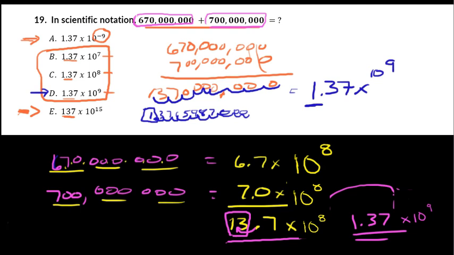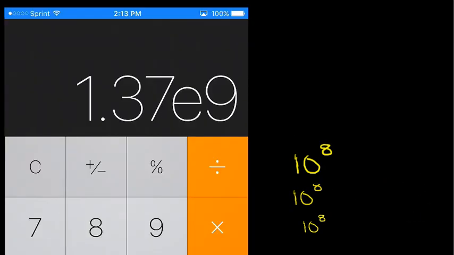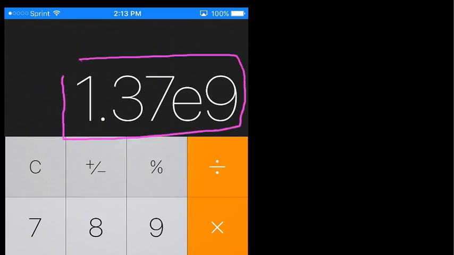Now here's another thing that could have happened when you were doing this if you used a calculator. If you didn't do this manually, like I did right here, if you put 670 million plus 700 million into your calculator, you might have gotten something like this as your answer.